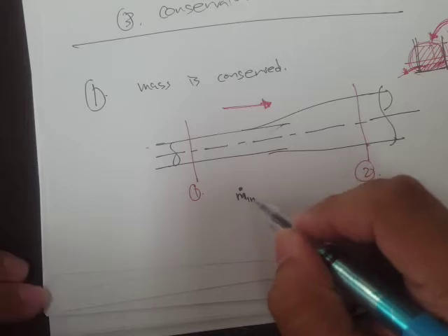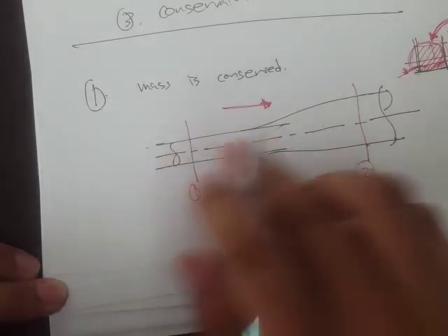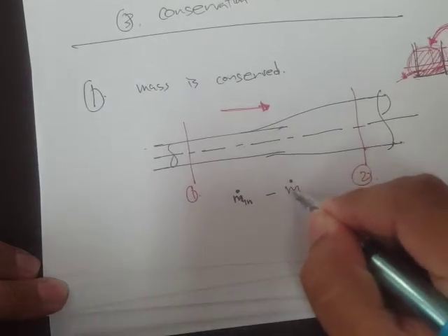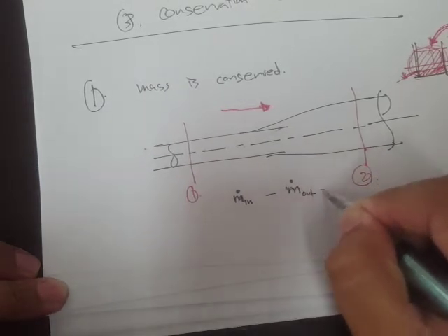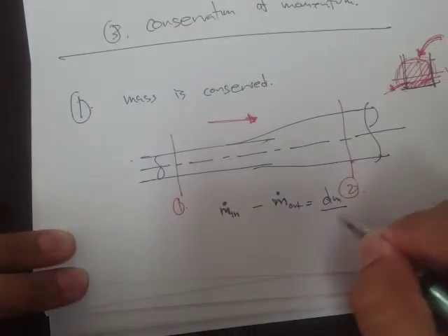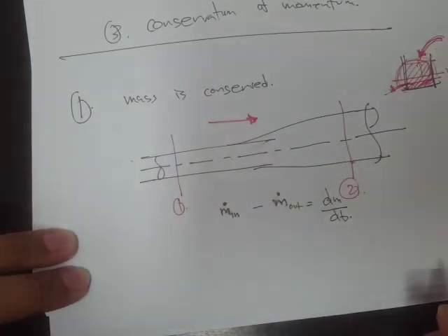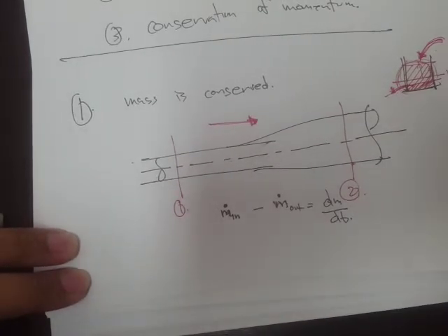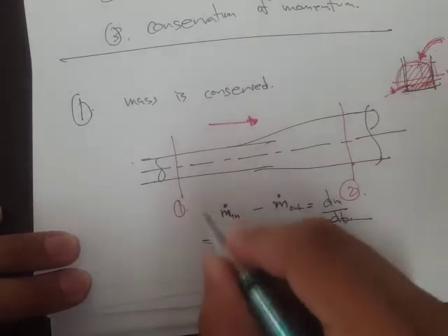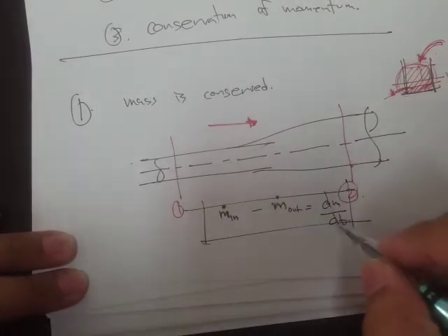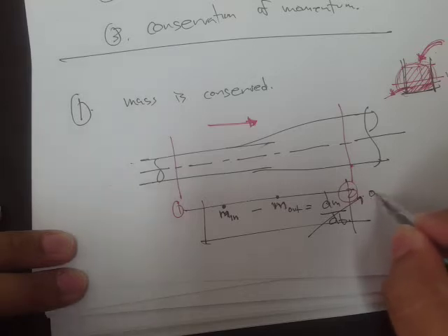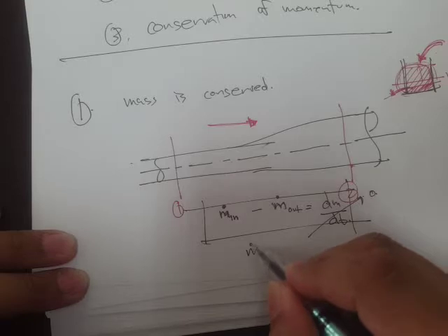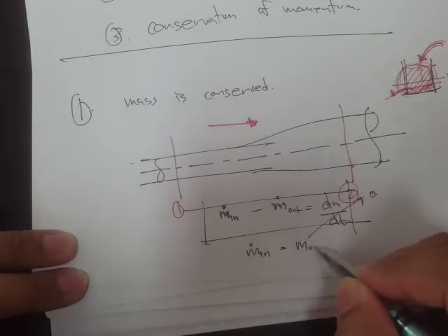So m dot, the mass flow rate entering section 1, that's m in, minus m out, the mass flow rate exiting, is just equal to the rate of change of mass in the system. And if this is a steady flow, then of course this will be 0. There's no rate of change in the system, and therefore you can write that m in is just equal to m out.